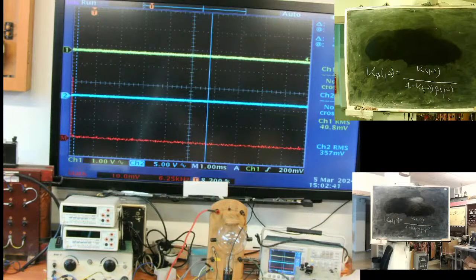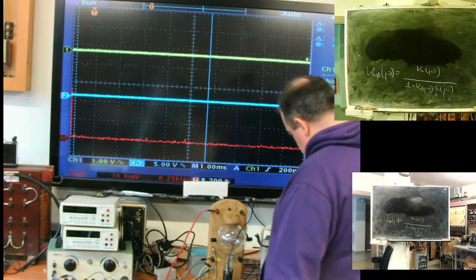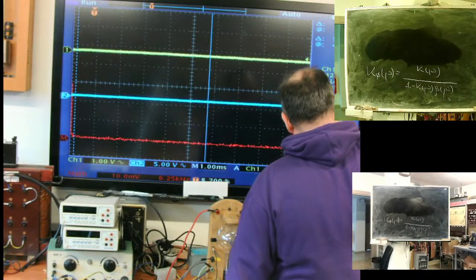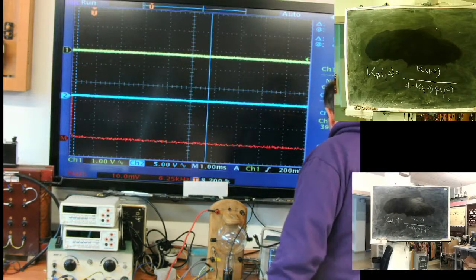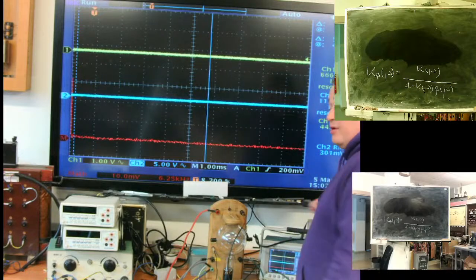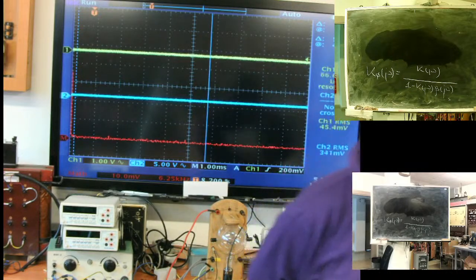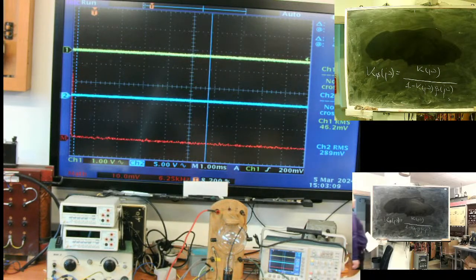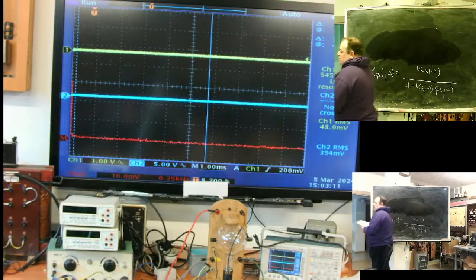It's better to perform the analysis in Laplace space. What about the Laplace transform? Who heard about the Laplace transform? Only one? Really? 2, 3. What's the general idea of the Laplace transform?